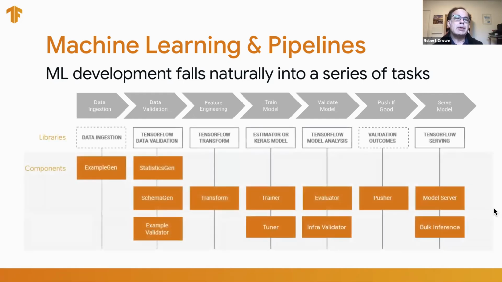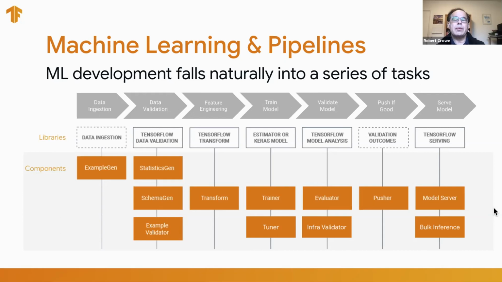So TFX mirrors that flow typically, although it doesn't have to. This is the canonical pipeline that you start out with TFX. There's a lot you can do to change this with branching and adding custom components and what have you.